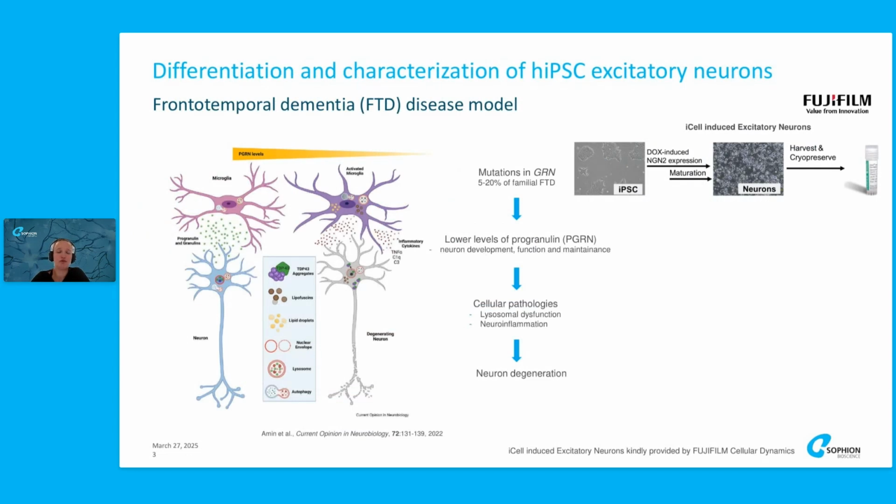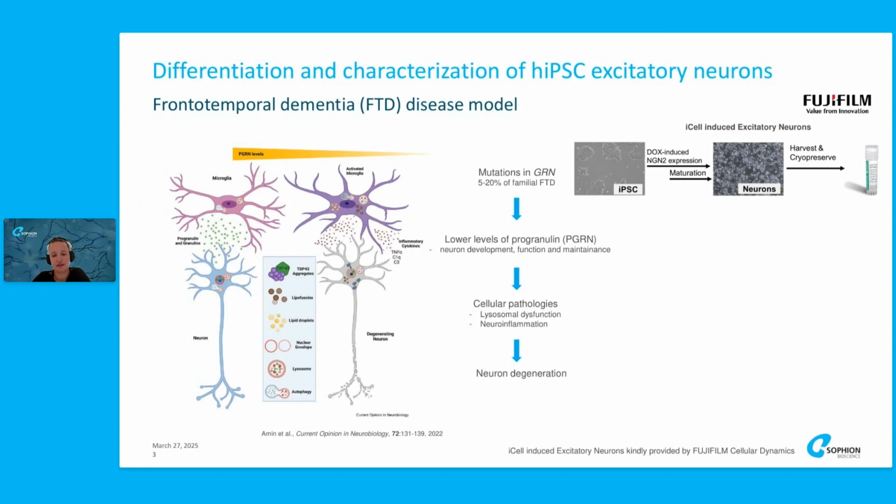As a proof of concept disease model, we worked with a frontotemporal dementia FTD cell line that was kindly provided by FUJIFILM Cellular Dynamics. Scott already introduced it, but as a short recap, in about 20% of genetically inherited FTD, the disease is caused by mutations in the GRN gene, which causes lower levels of the growth factor progranulin that is involved in neuron development, function, and maintenance.